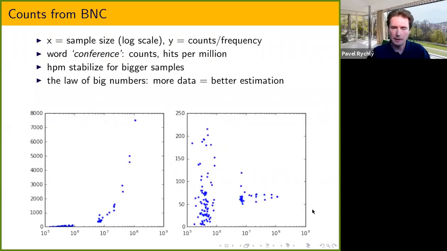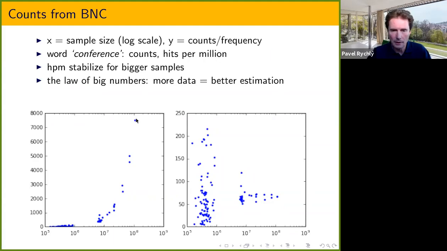Here is the first example. The following examples use the same structure: on the x axis is the sample size in log scale. All these examples are from the British National Corpus.